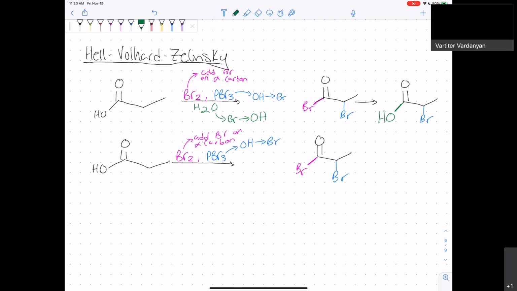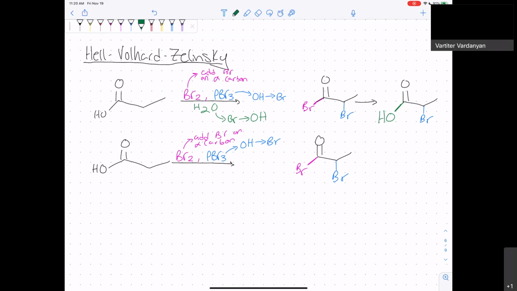The reason is, I have it drawn all as one mechanism, but usually if you were actually doing this in the lab, you would first add Br2, then add PBr3, and then add H2O. So it's not like the molecule chooses to react that way necessarily, but that's the order that we put the reaction. If we just had all this stuff in the mixture, it honestly wouldn't even form the acyl halide, because that would be too unfavorable. That's a really good question.